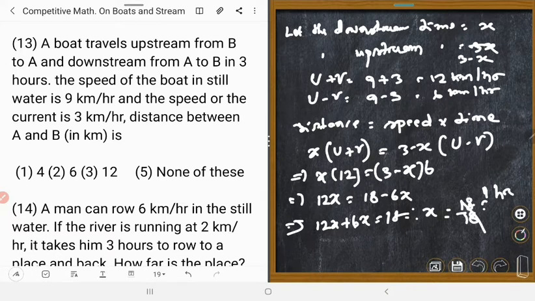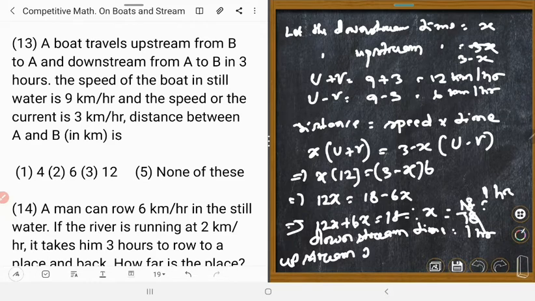So downstream time is equal to 1 hour. Upstream time is equal to 3 minus 1, which is 2 hours. Could you understand?